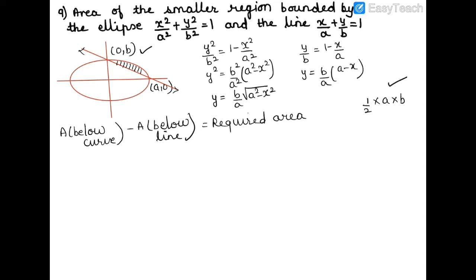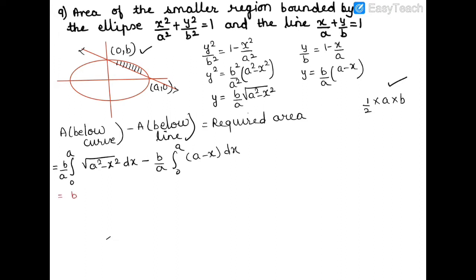So area below the curve is, limit is 0 to a, and b by a is a constant, so I'm writing it outside, integral of under root a square minus x square dx, minus area below the line. So this is b by a, limit is 0 to a, and the line is a minus x dx. So the second part should give me half of ab.